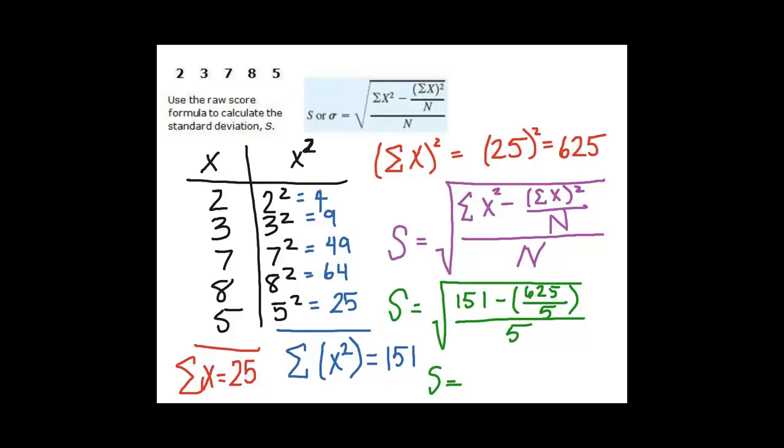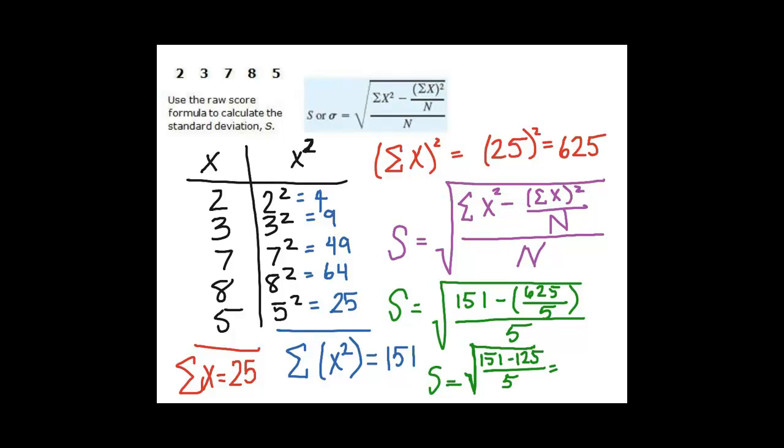Keep plugging through. You know that you need the square root of 151 minus 625 divided by 5, which is the same thing as 151 minus 125 over 5.